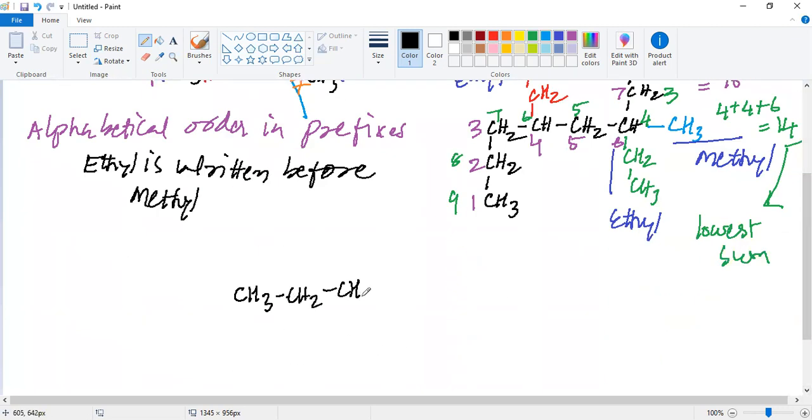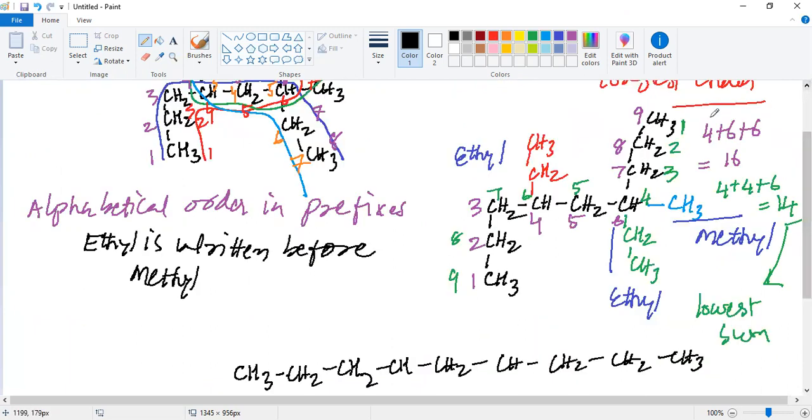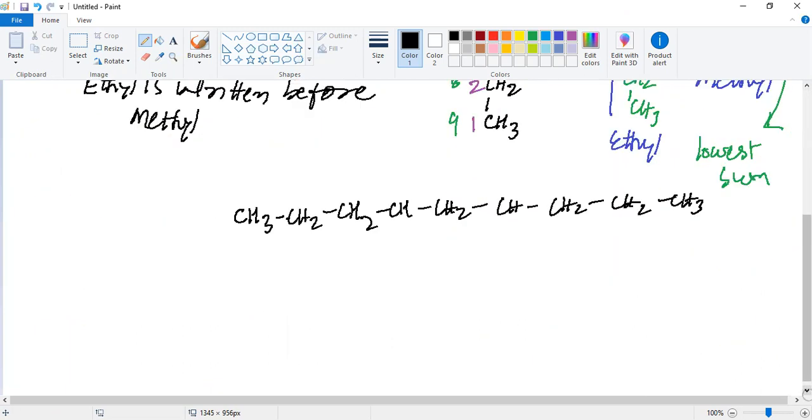It is CH2. Then we have CH, then CH2, then CH, then CH2, CH2, CH3. We have started giving number from here, so we'll write the numbers this way. This is first carbon, second, third, fourth, fifth, sixth, seventh, eighth, and ninth.